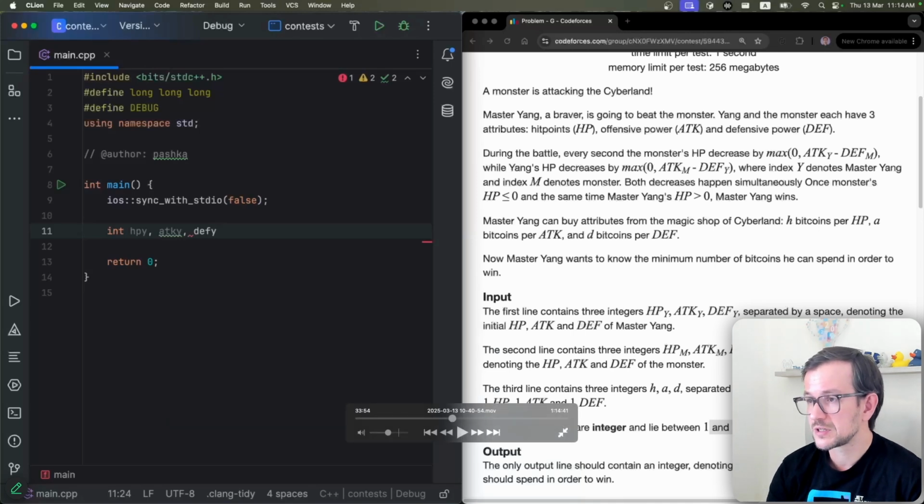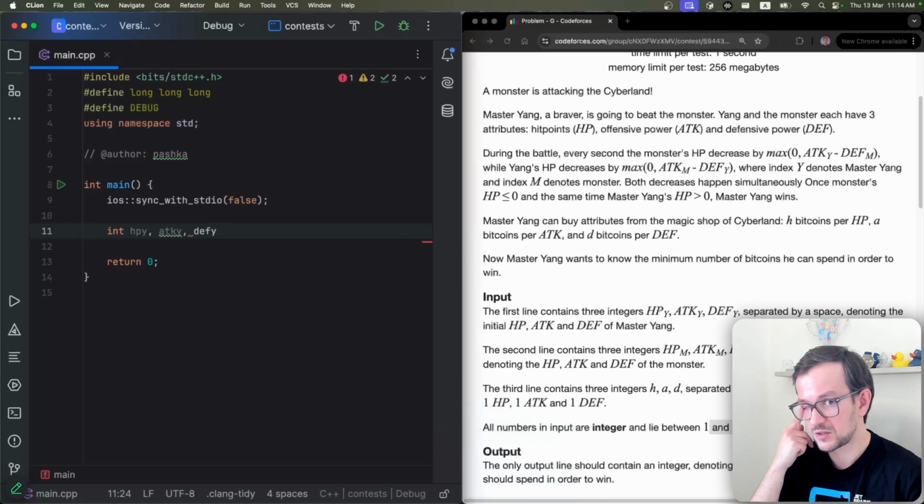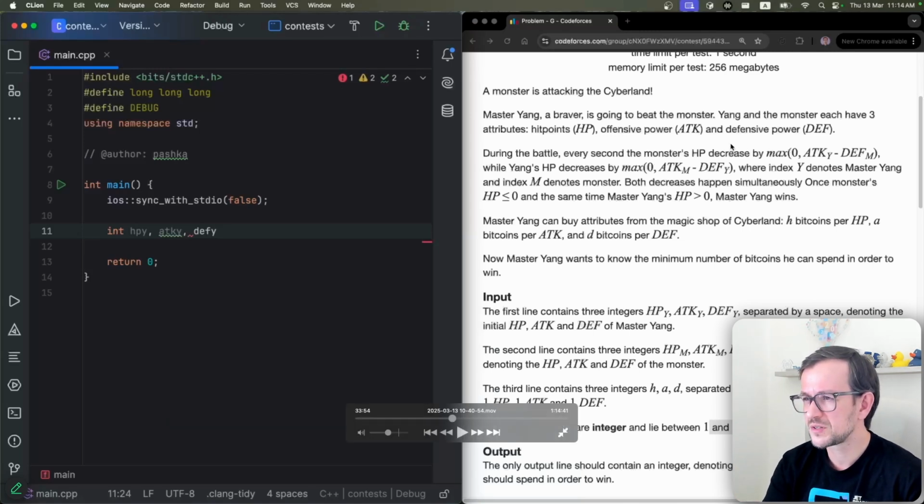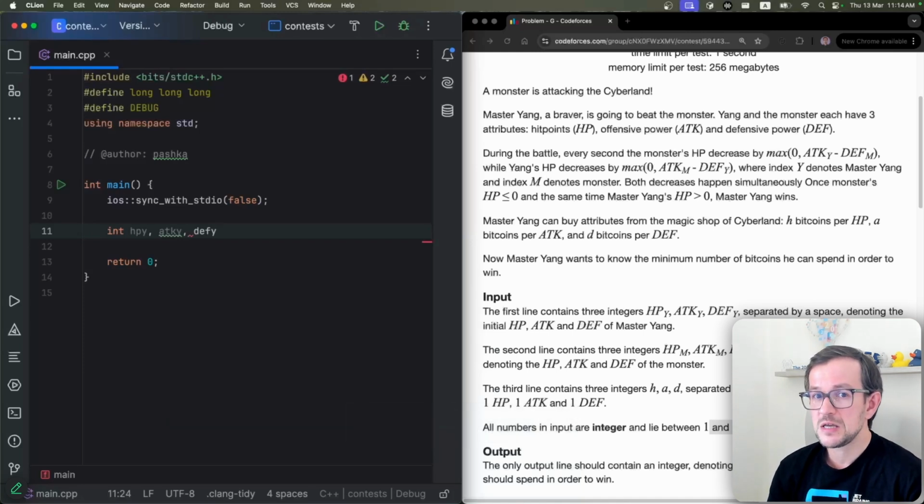For example, you can get some more attack points. It doesn't make sense to get too many attack points, because your monster has some defense and some health points. And if you have enough attack, you will just kill the monster in a single shot.